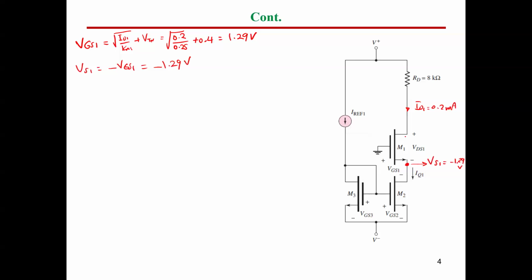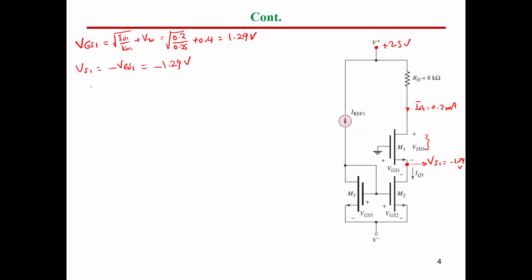Can we get now the value of VDS1, this volt? Simply, if we apply Kirchhoff in this loop or this branch from this point plus 2.5 volt to that point, VS1, we can have one unknown only, which is V drain to source 1.